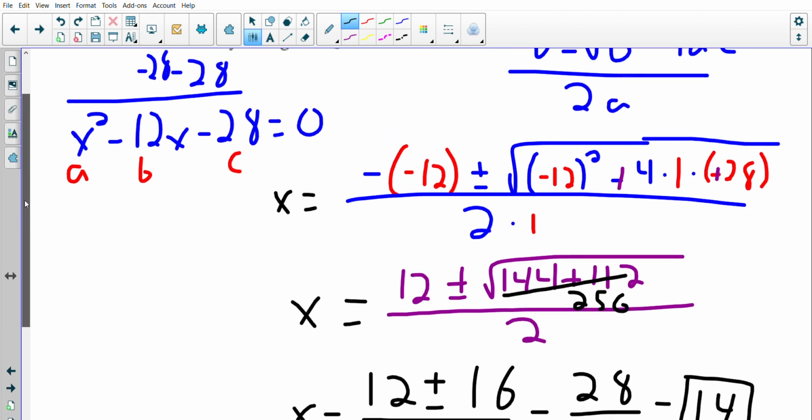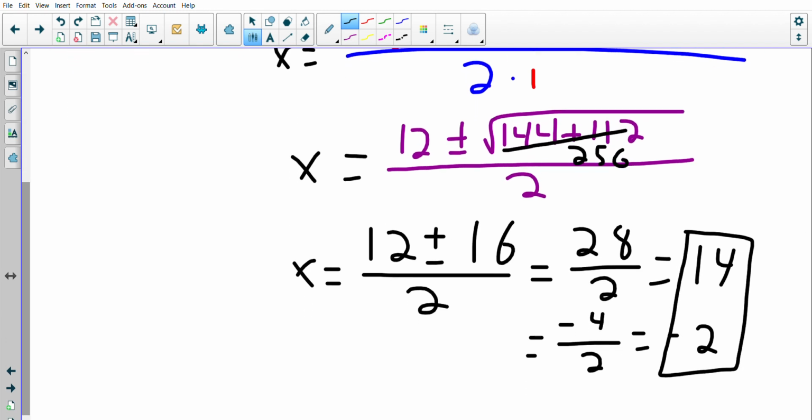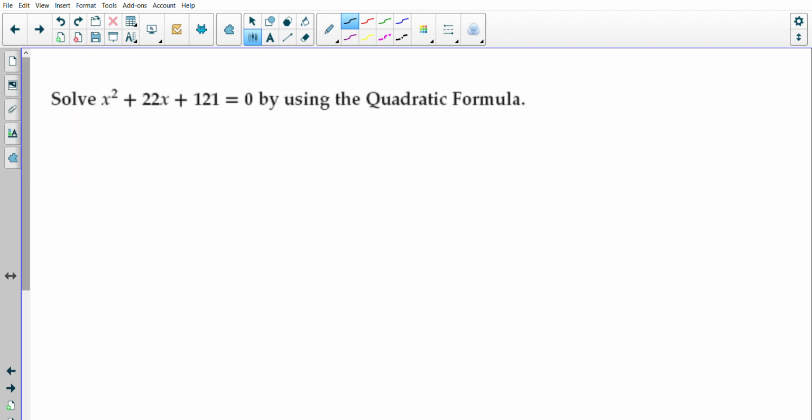So it makes it a little bit slicker than having to FOIL or reverse FOIL, factor, or graph or complete the square. This is a quick little method. Okay, just use this formula, have it memorized. So now I'm going to do it without writing everything out. So x squared minus 22x plus 121 equals 0.